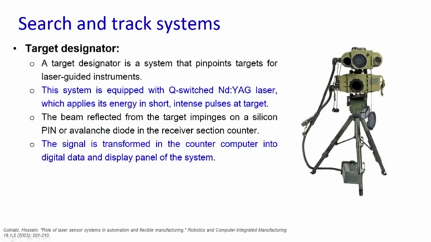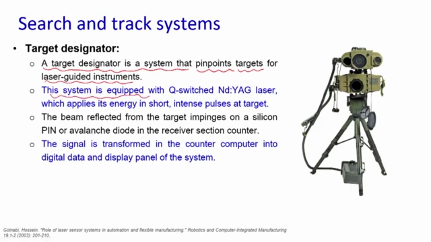The third application of lasers as far as search and track systems are concerned is the target designator. A target designator is a system that pinpoints targets for laser guided instruments.